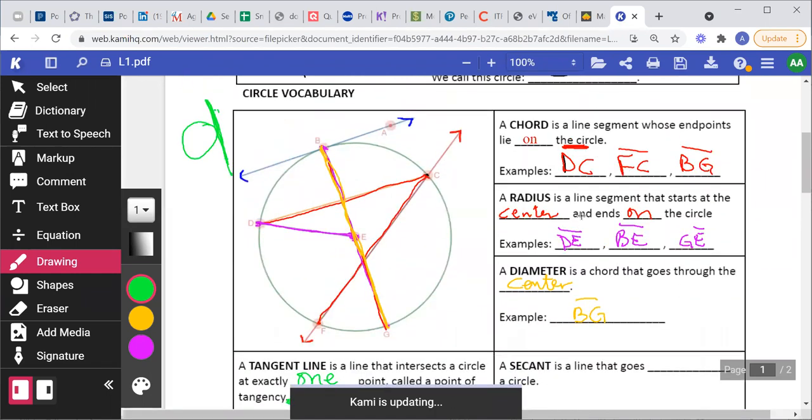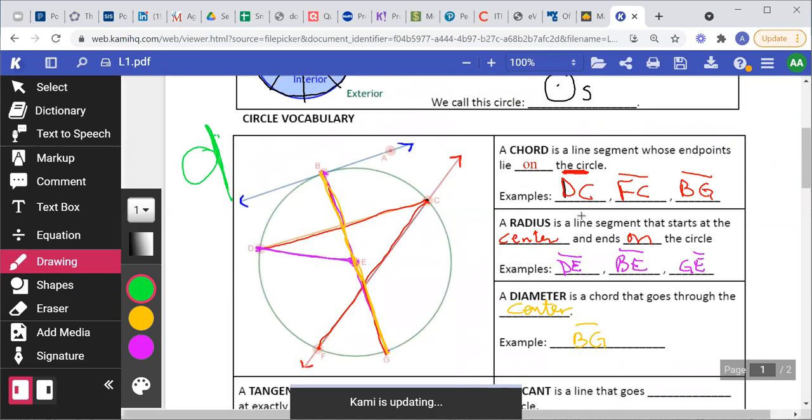And what is the tangent point? The point of tangency. The point of tangency is a point at which that line touches the circle. So can someone give me the point of tangency here? Jovara, what is the point of tangency here? At which point does this blue line touch the circle?